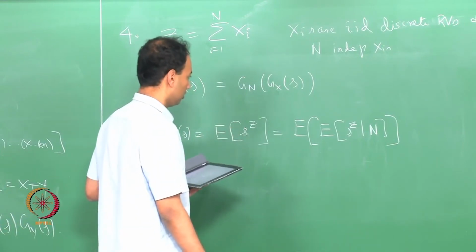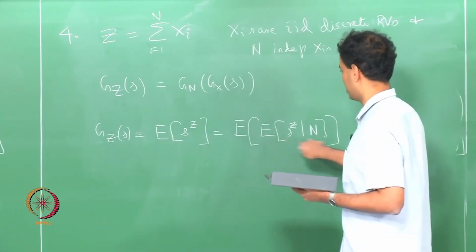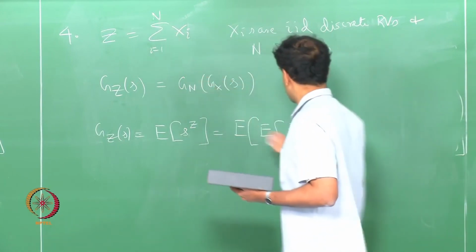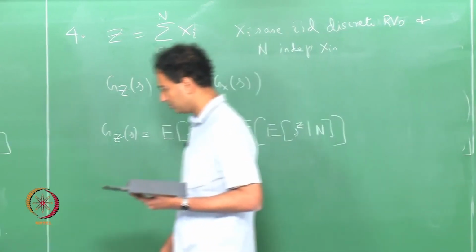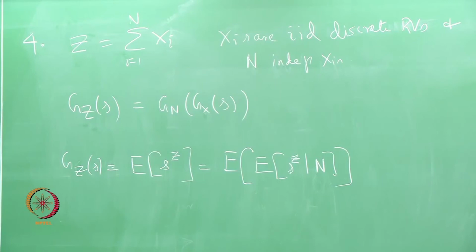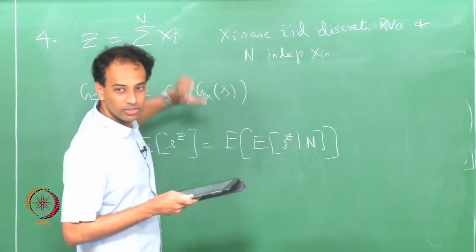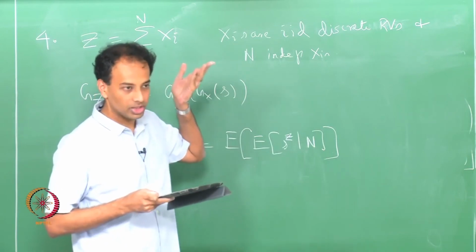And so if you fix an n, you can compute the expectation of s power z given n. If you fix n equal to little n, this will simply become the sum from i equal to 1 to little n of x i, and the PGF of that we know is simply g x of s raised to the nth power.